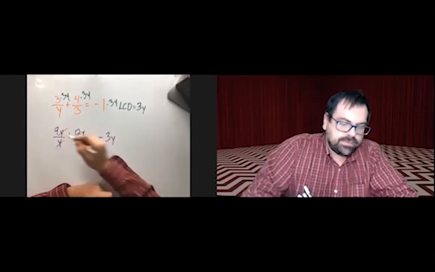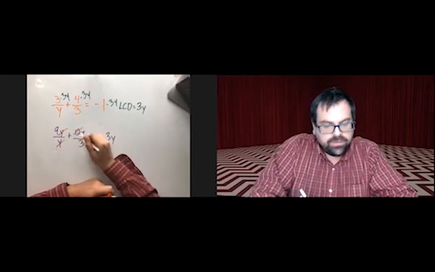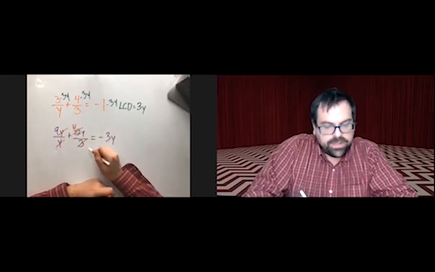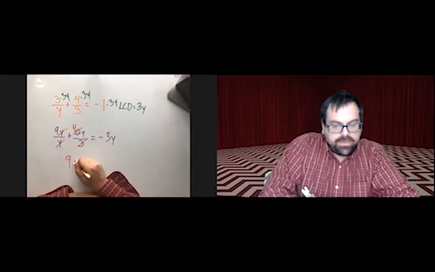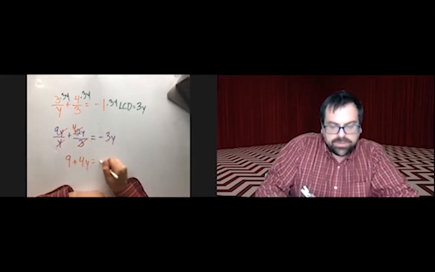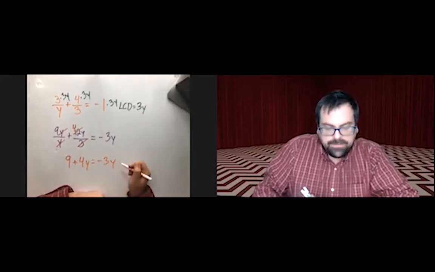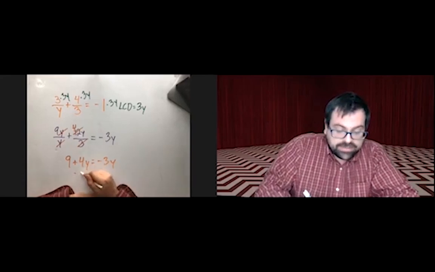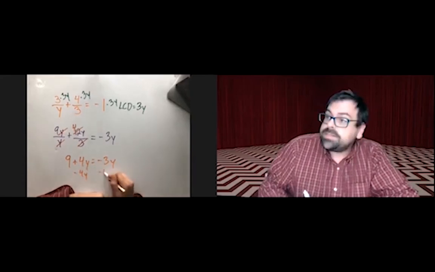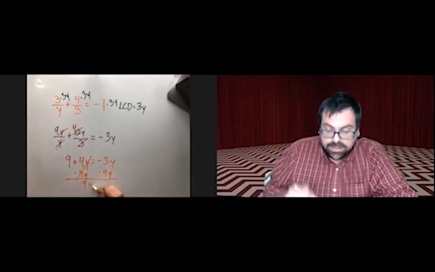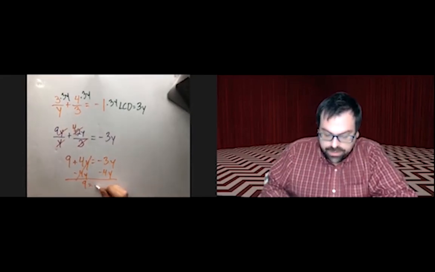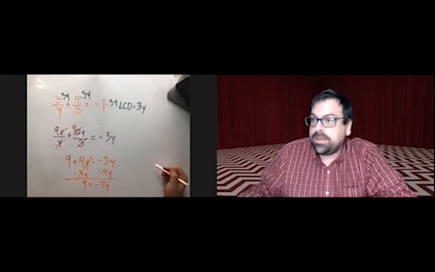The y's cancel. 12 over 3 is 4 over 1. We have 9 plus 4y equals -3y. If I subtract 4y from both sides, I get 9 equals -7y.